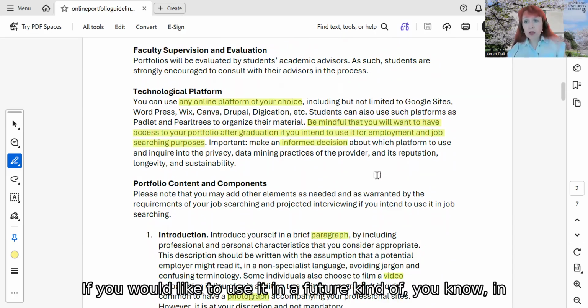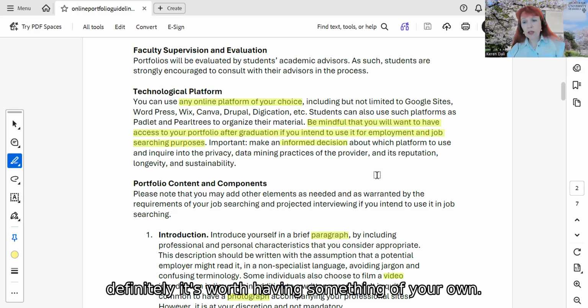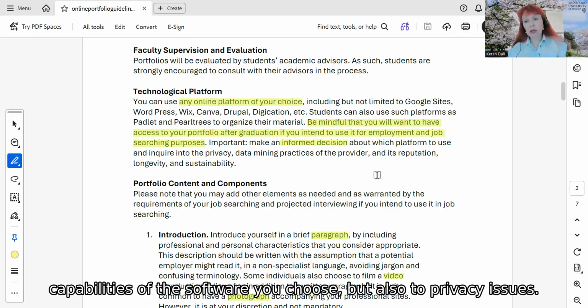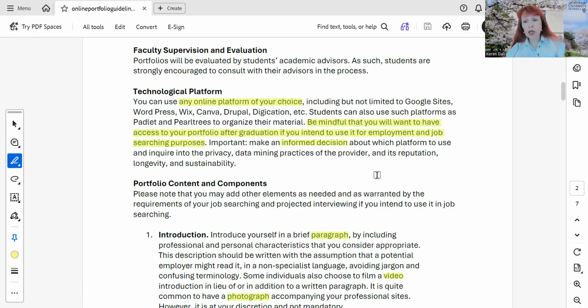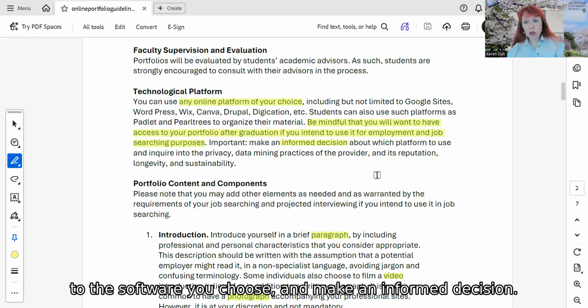If you would like to use it in the future, in perpetuity, for the purposes of job searching, then definitely it's worth having something of your own. Now, choosing the platform, pay attention not only to technical capabilities of the software you choose, but also to privacy issues. You are information professionals. Inquire about privacy issues related to the software you choose and make an informed decision.